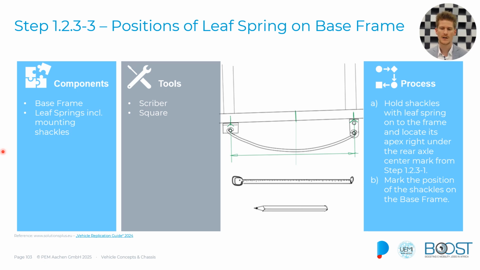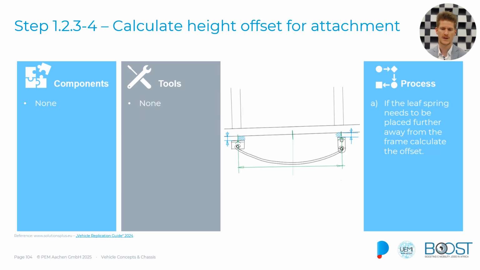The leaf spring usually comes with some shackles, and you transfer their position onto the base frame and mark it there, and then this step is finished.